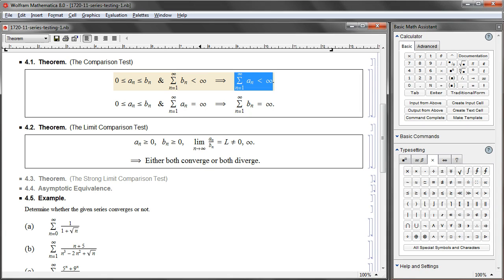And we are talking about positive term series, so a bounded positive series always converges because the sequence of partial sums is bounded and increasing.